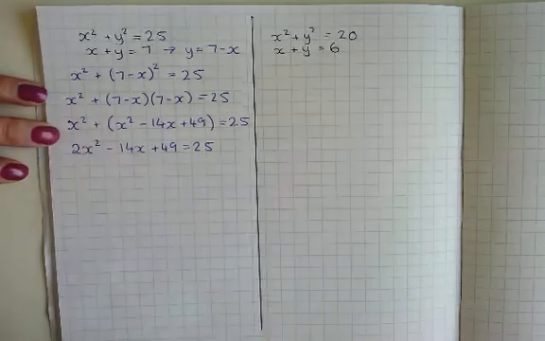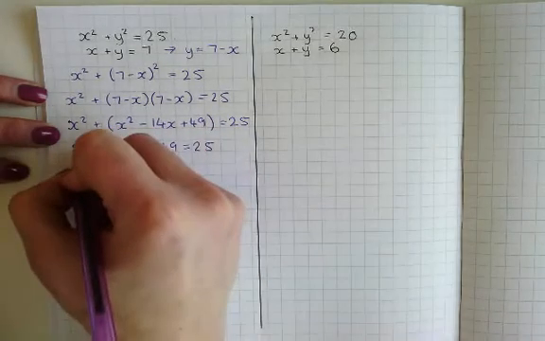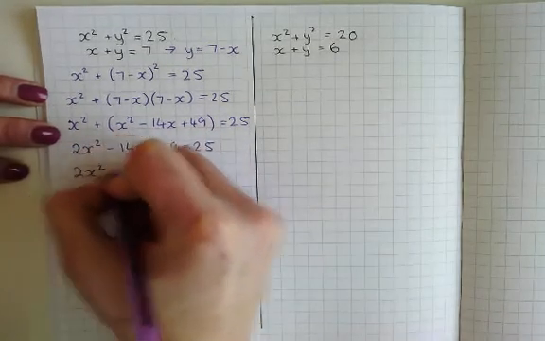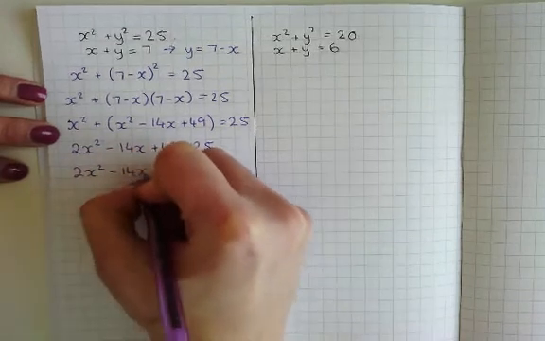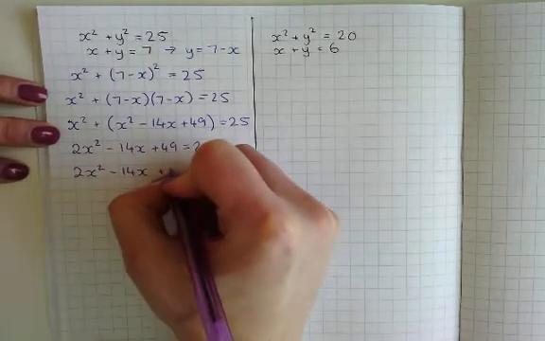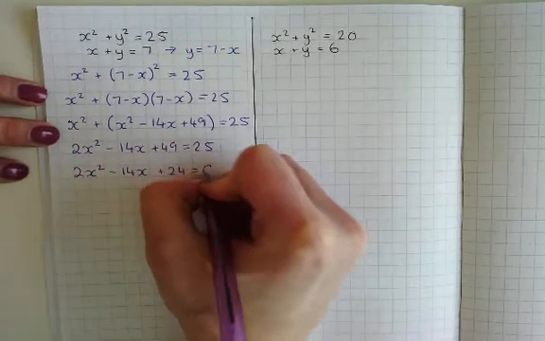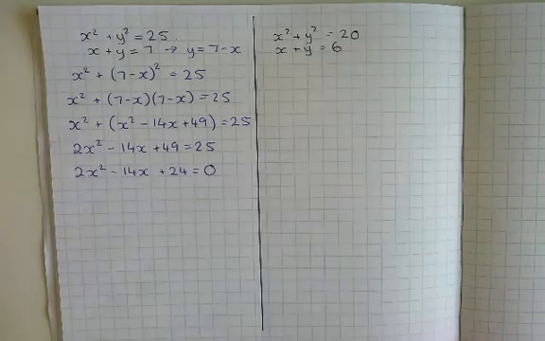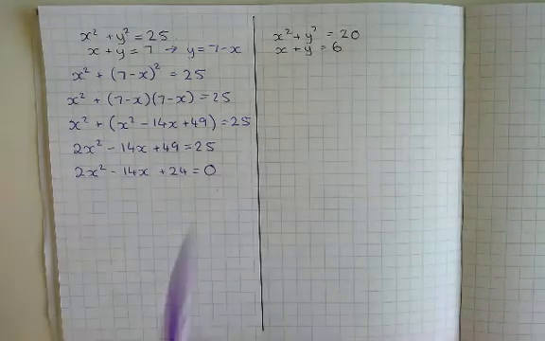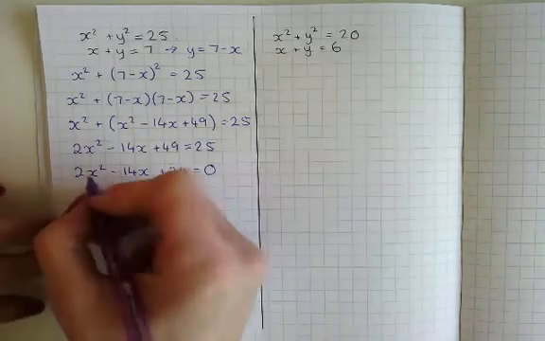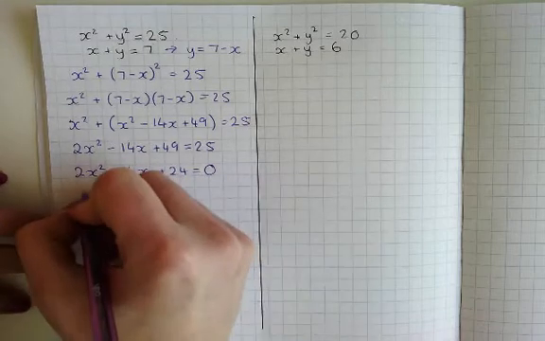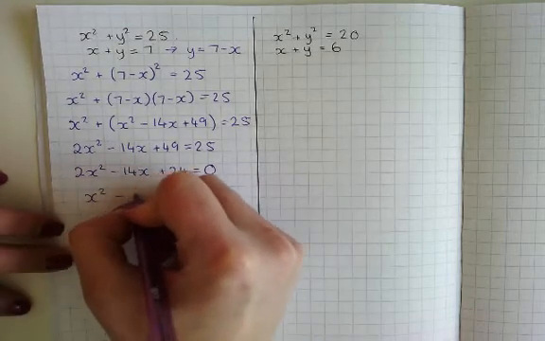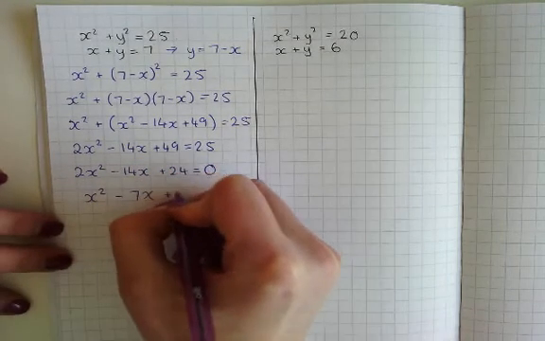To solve a quadratic, it must equal 0. So 2x squared minus 14x plus 24 equals 0. Before I factorise this, I'm going to divide everything by 2 because I can see that everything's divisible by 2 and it'll just be a little bit easier for me to factorise.